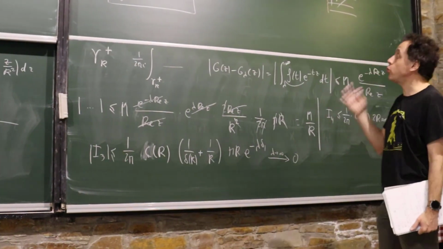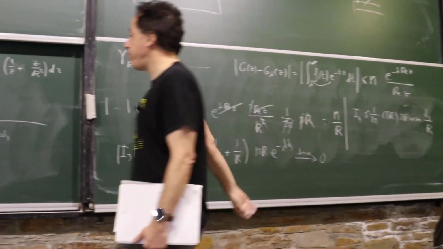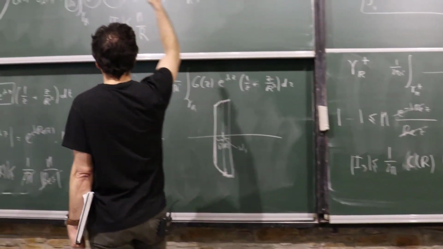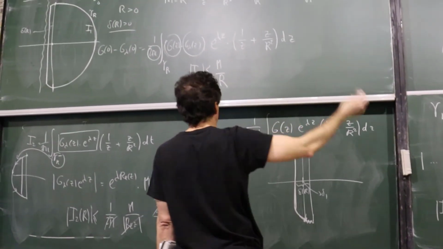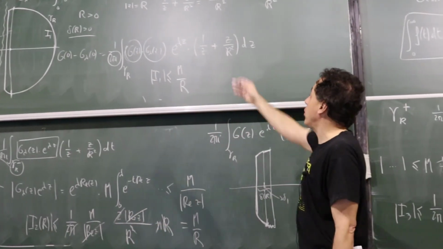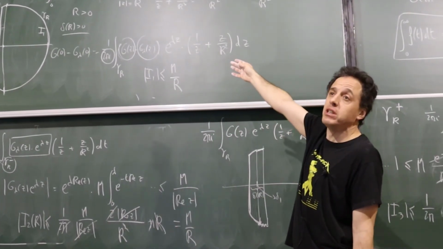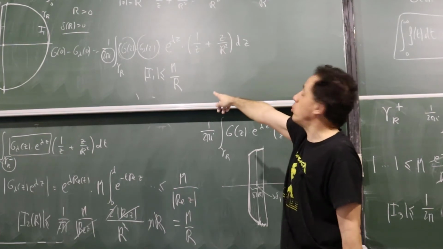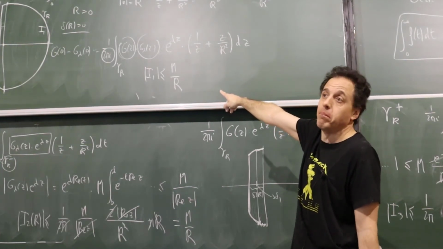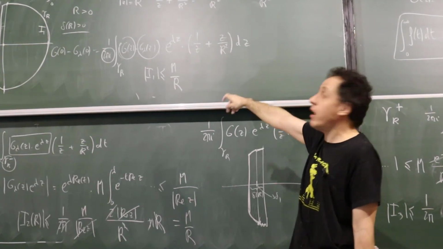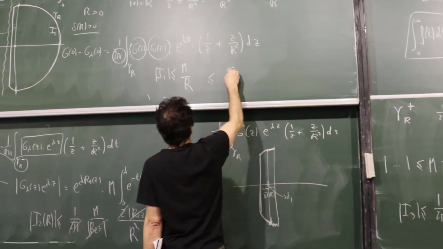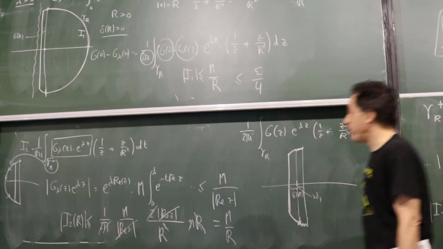Okay, now you have to sum all these 4 integrals, I1, I2, I3, and I4. So, first of all, if you take some positive epsilon, it's easy to choose some big enough r such that this is smaller than epsilon over 4.